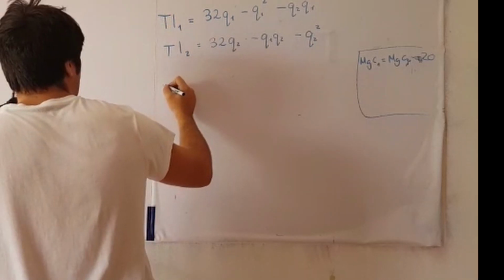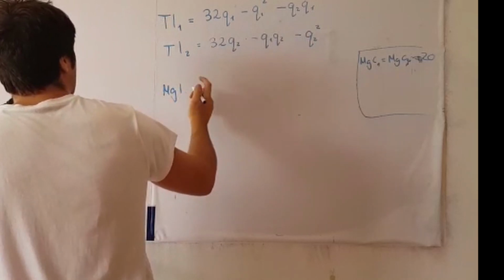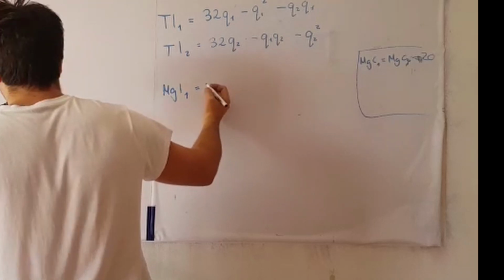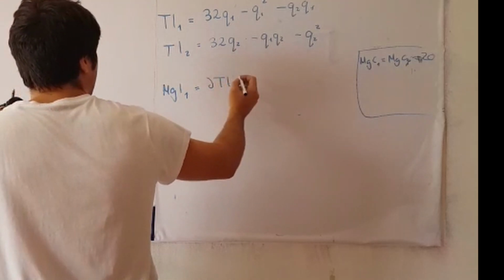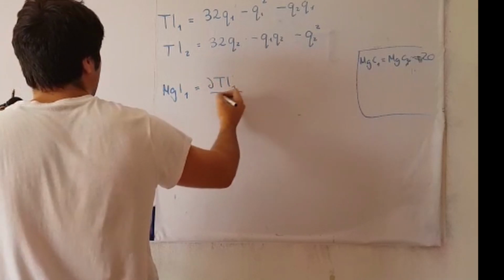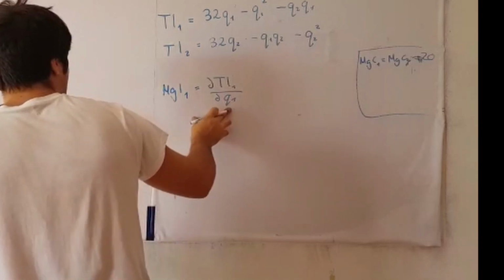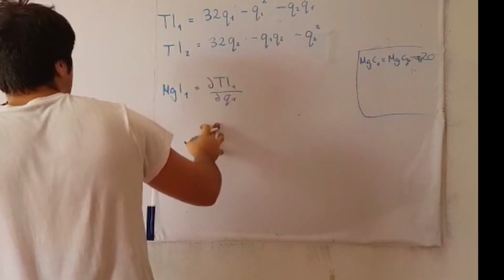So marginal income 1 is going to be equal to the partial derivative of total income 1 with respect to Q1. This means that everything that's not Q1 is going to be a constant.